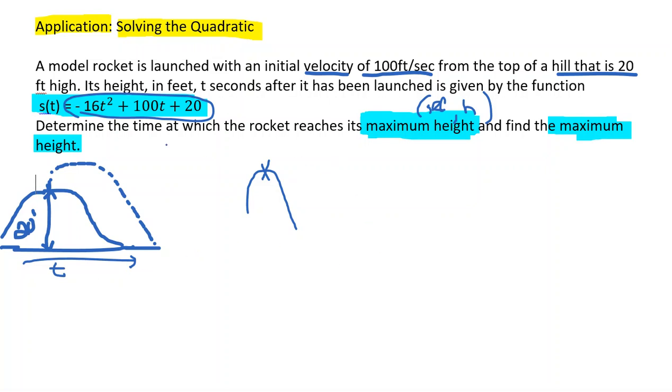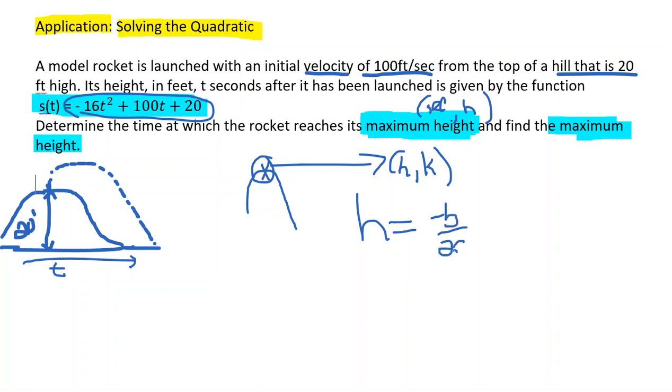So let's solve for it. Well, in order to solve for it, we need to use the vertex formula, where it's h comma k, where h is negative b divided by 2a. Well, we got negative, and our b is 100, divided by 2 times a, where a is negative 16.